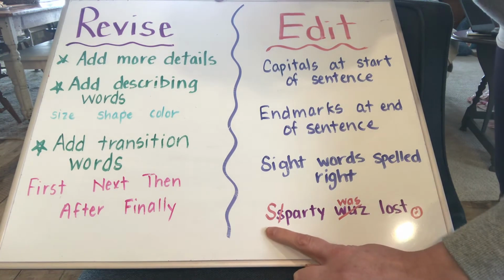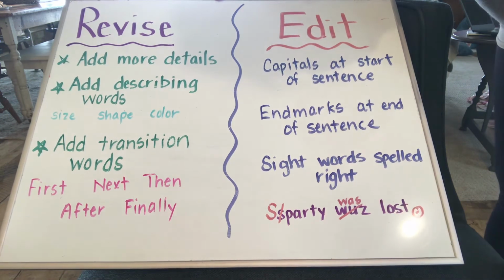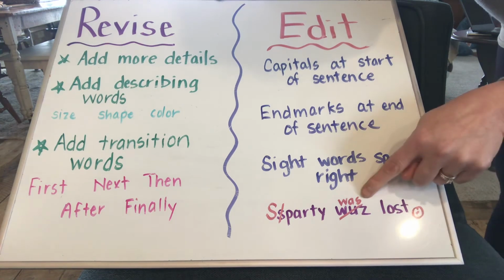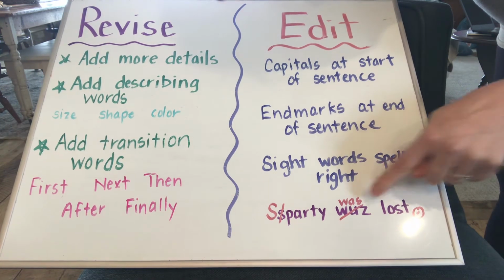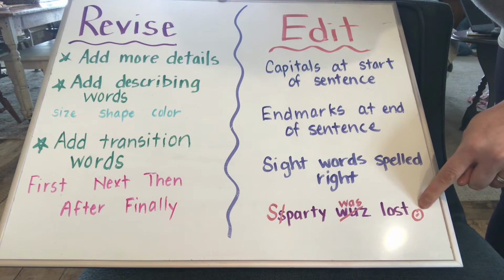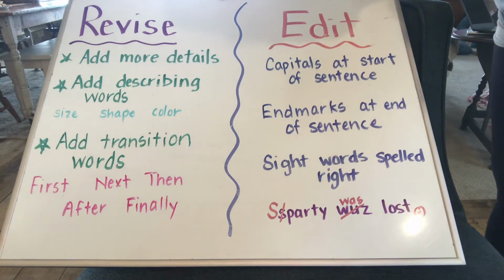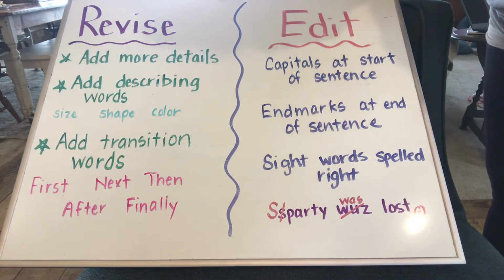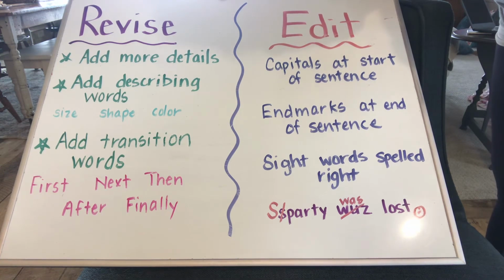In the red marker, I show how I capitalize Sparty at the start of the sentence. I spelled the word was correctly, and then I made sure to end it with a period. You're going to do the same thing in your story. You're going to make sure that all of your sentences start with capitals, and you're going to make sure all of your sight words are spelled correctly, and you have periods at the end of your sentence.